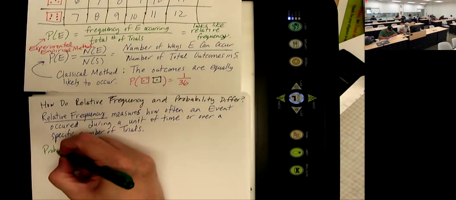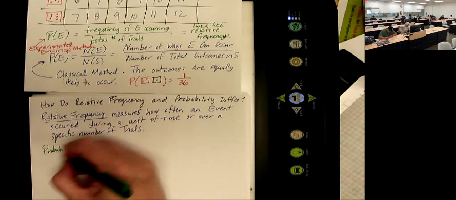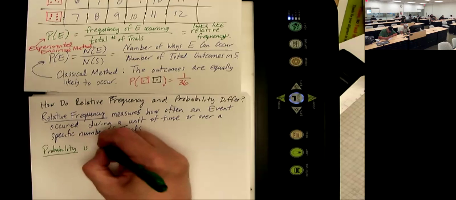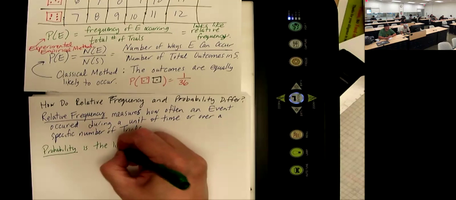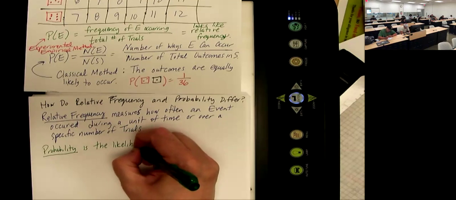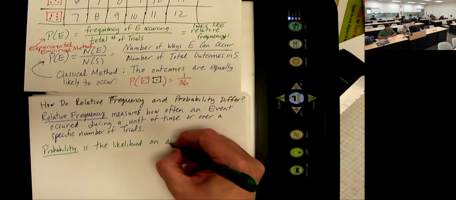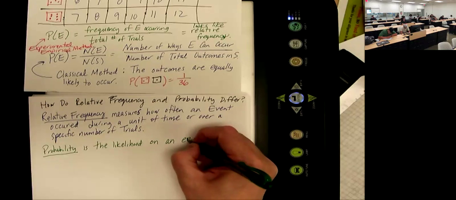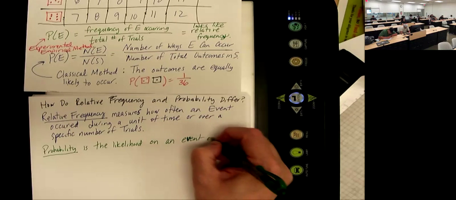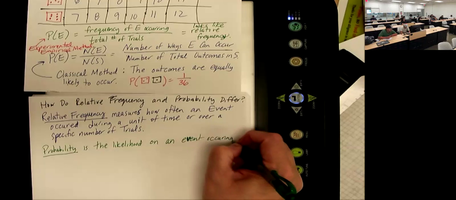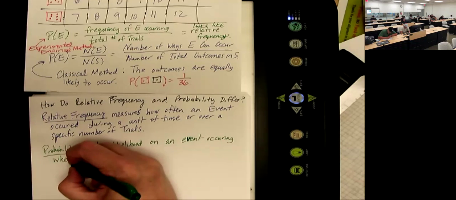Probability, despite having a similar formula, is the likelihood of an event occurring when the outcome is unknown.